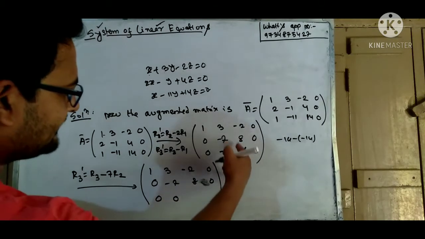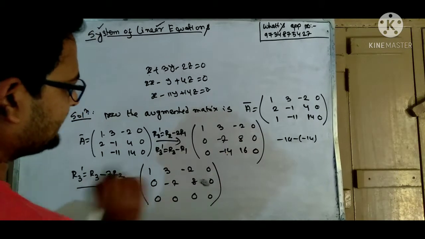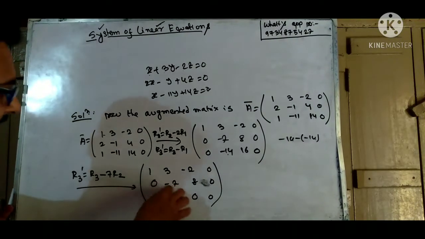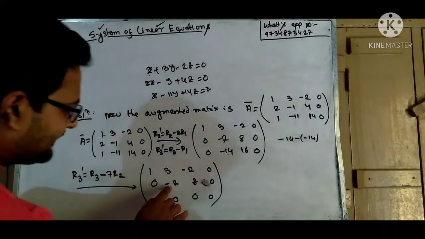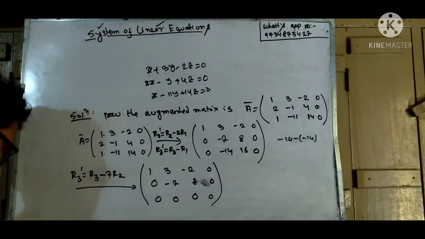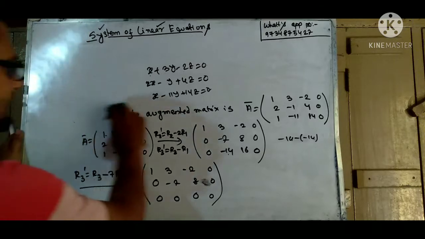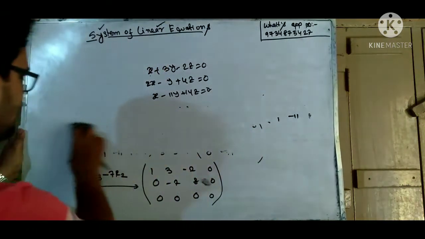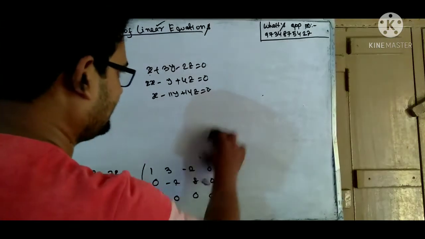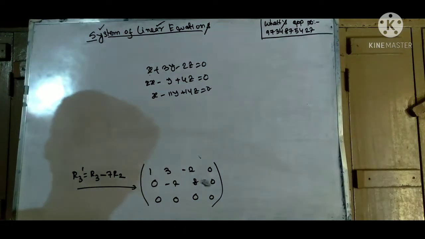Here 0, similarly here 0, and here is also 0. Now we will multiply this row by -1/7, then the leading one will appear here. Clear? So let us apply the operation.